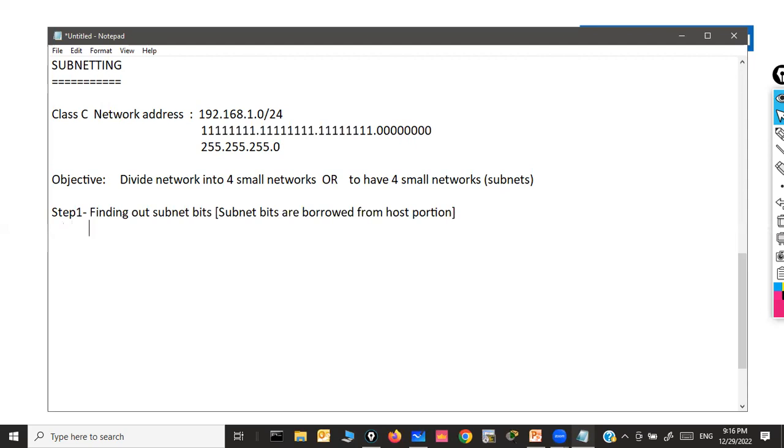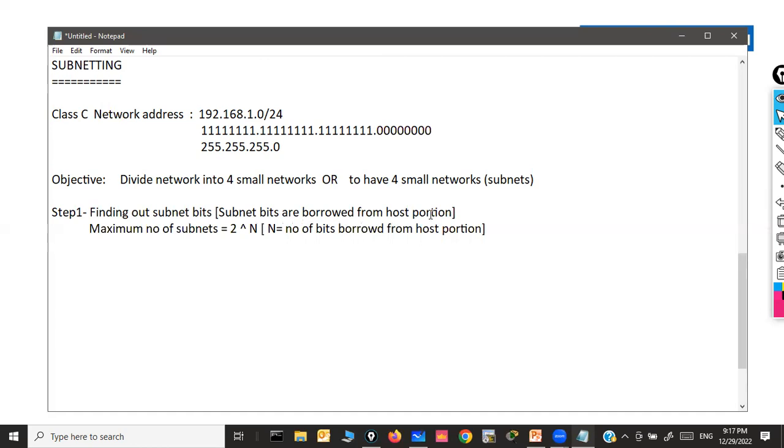So again, here we use a formula, and the formula is maximum number of subnets is equal to 2 raised to the power n. And what is n here? N is equal to the number of bits borrowed from the host portion.